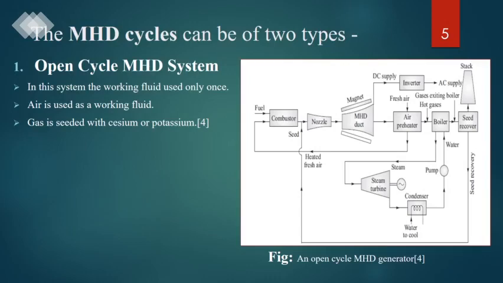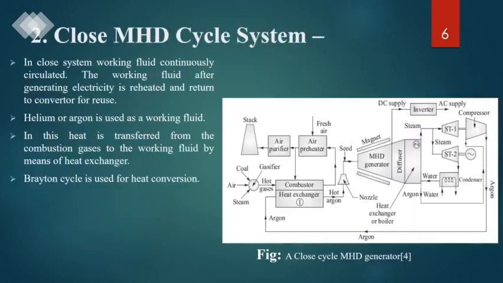The next process is the closed cycle. In the closed MHD cycle, the working fluid is continuously circulated by several methods. In the previous open system we discussed an air preheater, steam turbine, and you can show ST1, ST2, that is stack 1, stack 2, and there is a condenser.